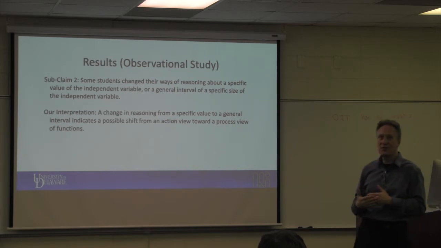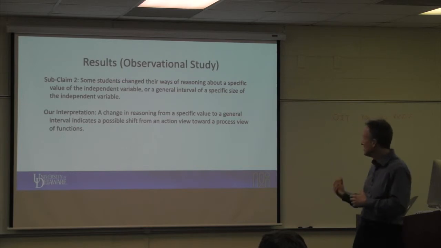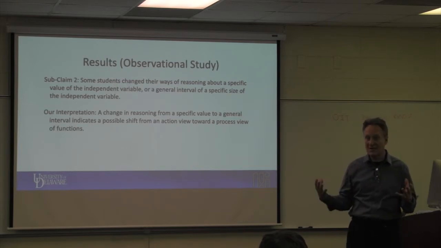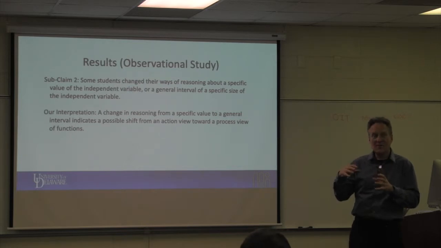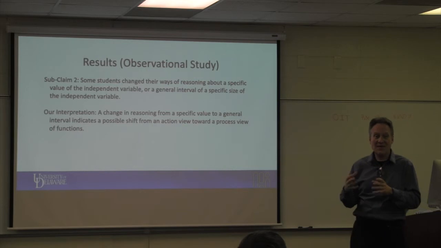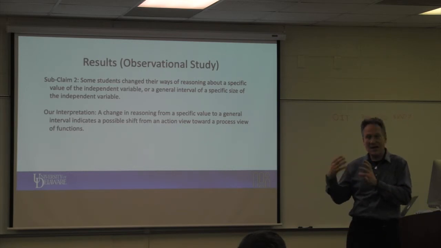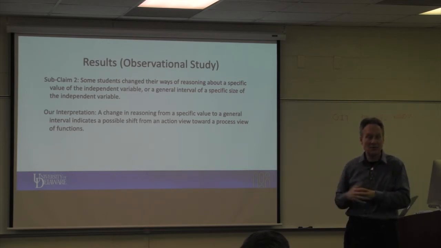Because with an action view, you're thinking about finding a specific calculation, versus a process view, you're thinking more holistically about the function. You may be thinking that over any interval of time, say 2.5 days, I don't have to necessarily calculate it. I know that over any 2.5 day interval this amount of change in height would occur.